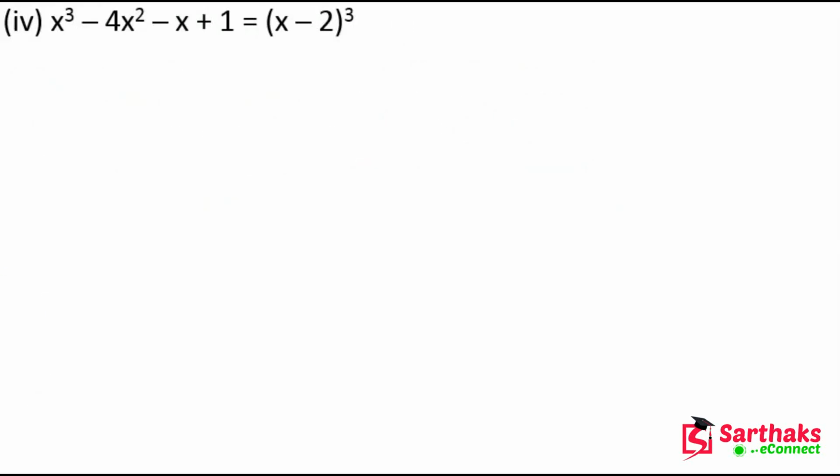Yes, we have another question. The question is x cube minus 4x square minus x plus 1 is equal to (x minus 2) whole cube. Okay, so now we have to again simplify this equation.